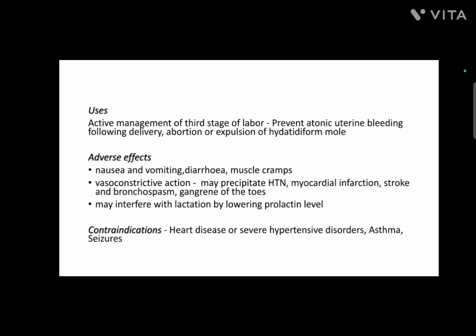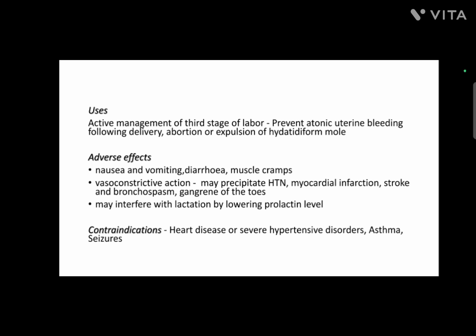It is used in the active management of the third stage of labor, particularly not for all cases. If you suspect that there is atonic uterine bleeding following the delivery or following the abortion, and also following hydatidiform mole. These are the main conditions you have to remember.